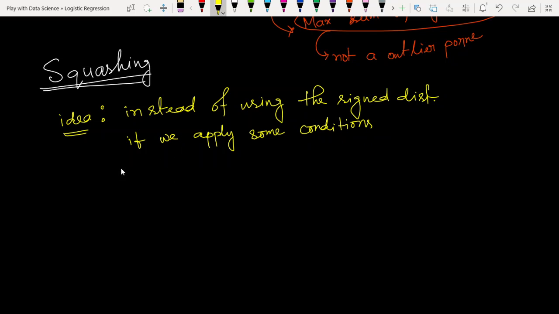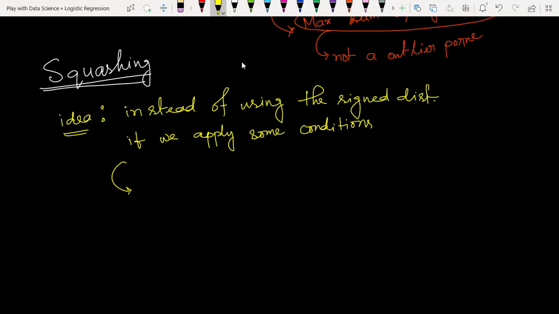If the signed distance is small, we use it as it is. If the signed distance is very large, then we try to make it smaller.